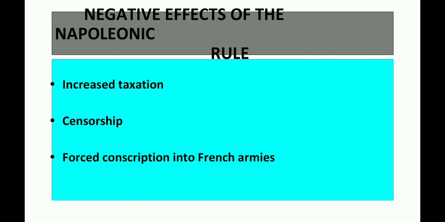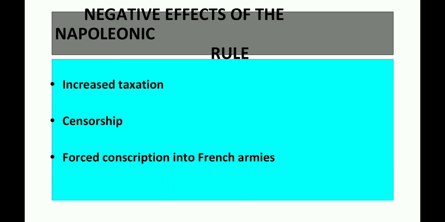People virtually lost their political freedom that had been attained after a lot of effort. Taxes were increased, there was forced enrollment of people into the French armies, and censorship.